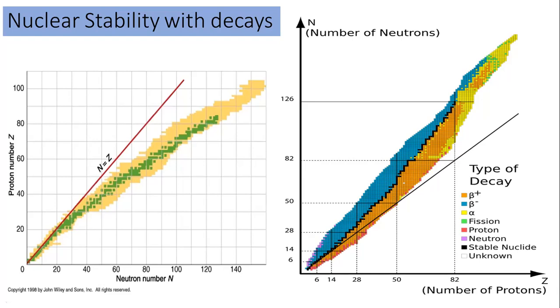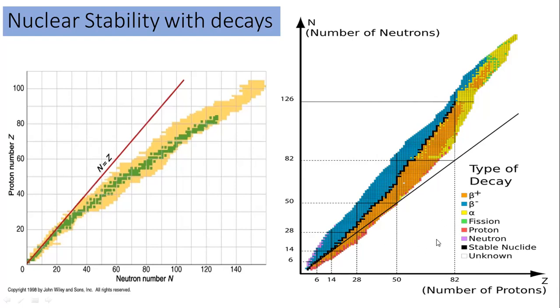Here I am going to discuss what would be the possible radioactive decay emissions if the nuclides are unstable. So these nuclides are unstable. Let's suppose one of the nuclides is present over here, this is unstable.